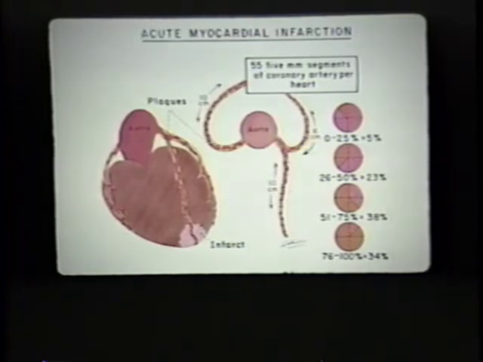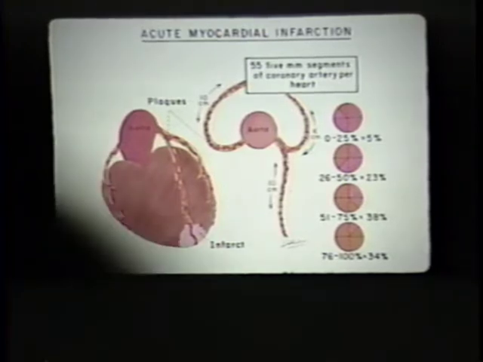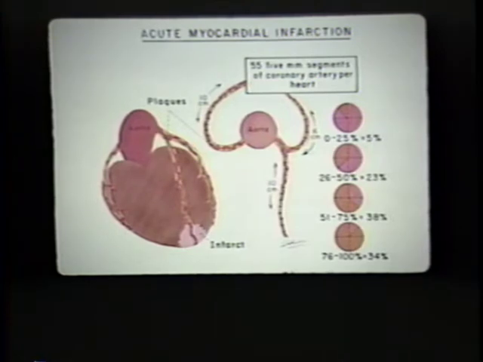And what was found was about 1/3 of the lengths of these arteries. That length is about 27 centimeters, so 1/3 of that is about 9 centimeters, were narrowed over 75% in cross-sectional area. Actually, about 2% was 100%, and the rest of that was between 76 and 95% in cross-sectional area.